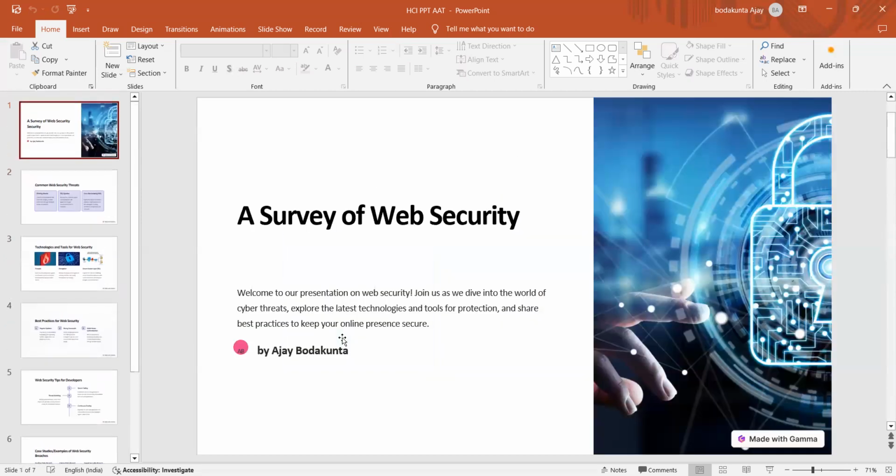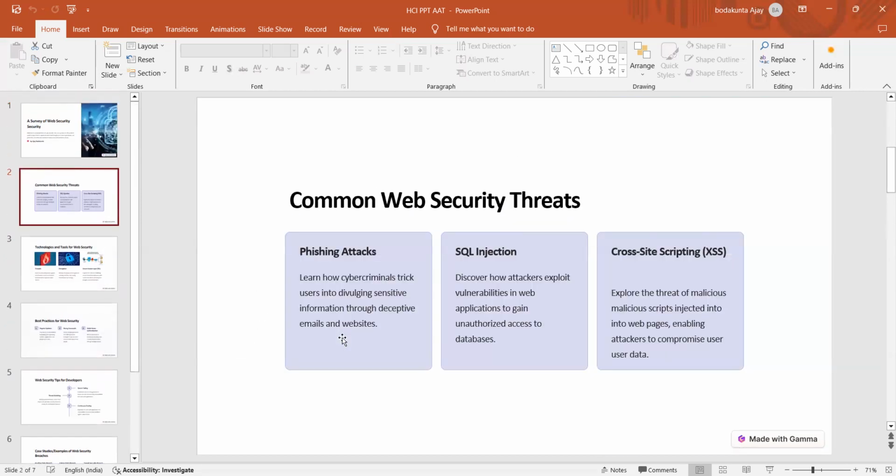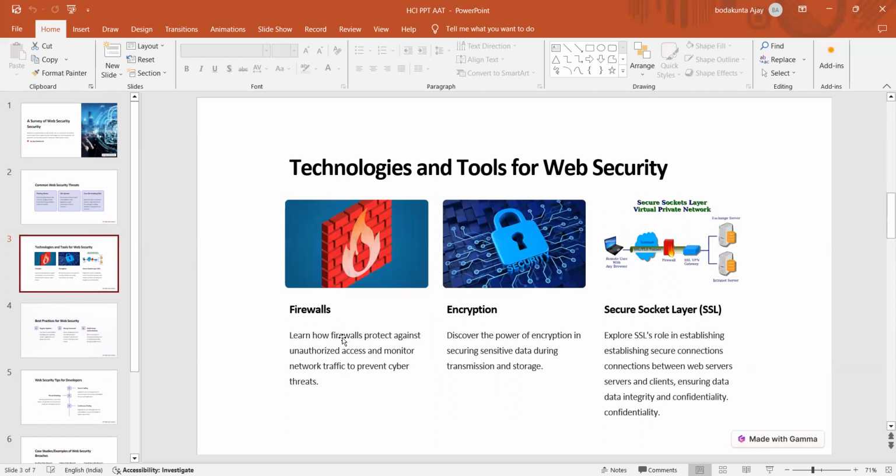In this video, I have gone through common web security threats like phishing attacks, SQL injection, cross-site scripting, and some of the trending technologies for web security like firewalls, encryption, secure socket layer. Usually we see secure socket layer in computer networks, where we have two servers: the remote user with a browser and the internet server.